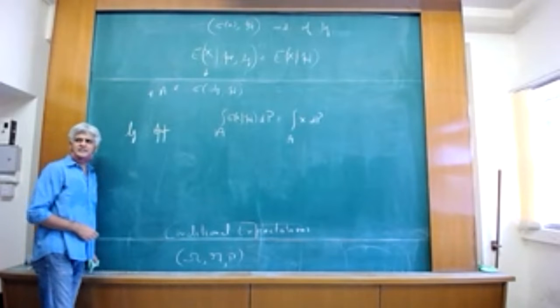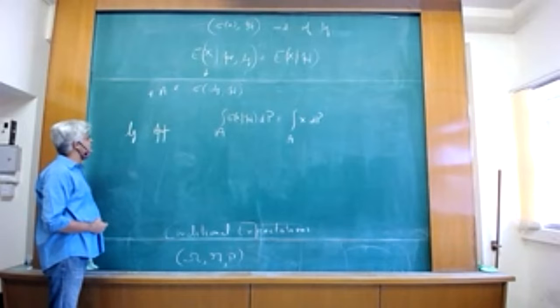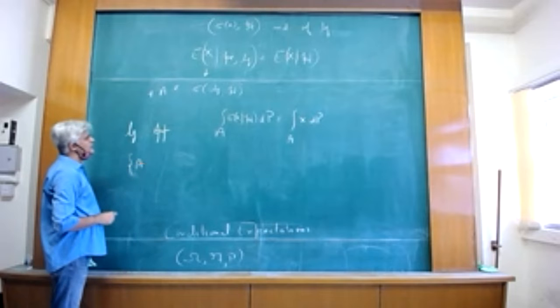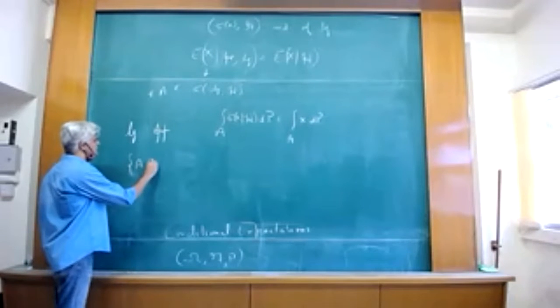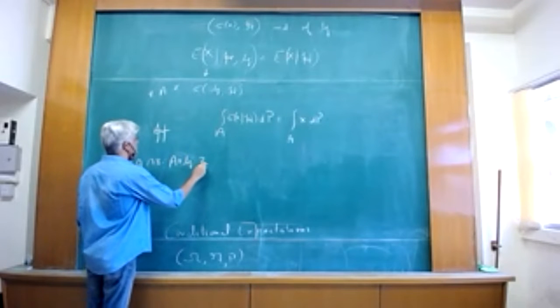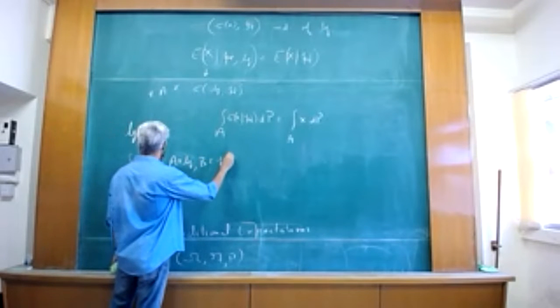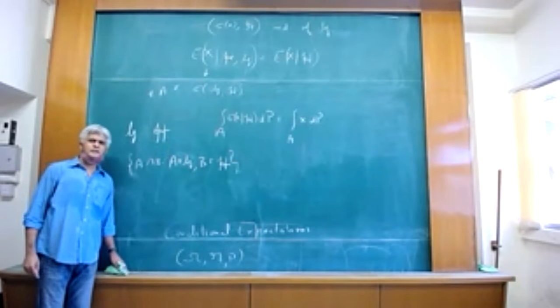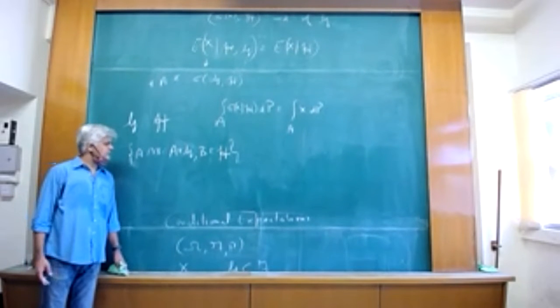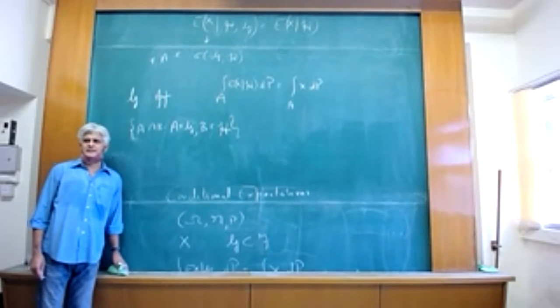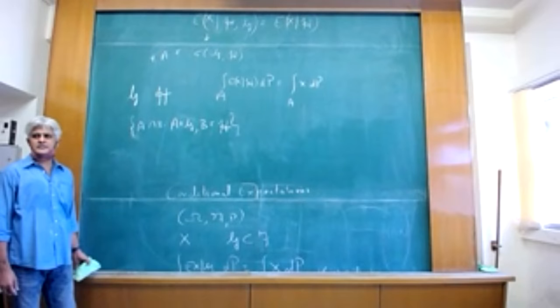I want to collect all sets of the form A intersection B, where A is in G and B is in H. And it just has to be a pi system, I guess.